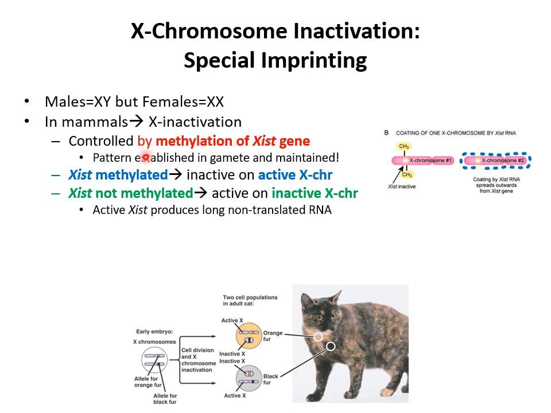If Xist is methylated, which you see in this figure here, this is the gene for making Xist. It is methylated, so Xist is silenced. Xist does not get produced. This X chromosome is safe and active, nice and accessible to transcription factors and polymerase. This second chromosome, when Xist is not methylated, is not silenced. It's very active.